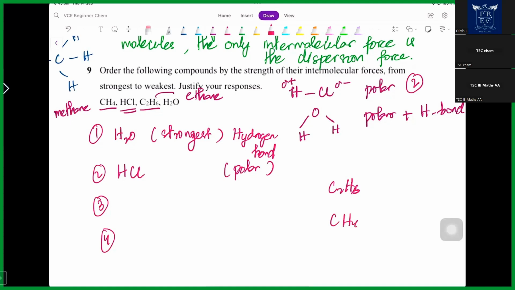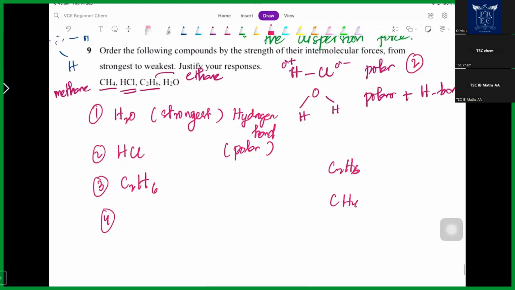C2H6 will be, remember we mentioned something about the dispersion force. If you recall, let me try to write this down first. Now, how can you justify that C2H6 is stronger than CH4? But how is C2H6 different from CH4? When compared, both of them are non-polar, right?